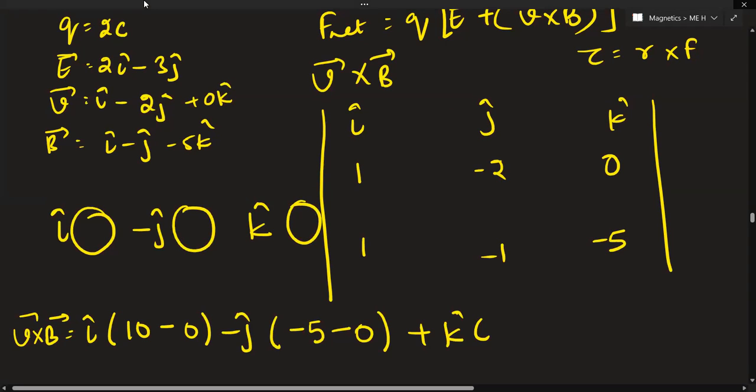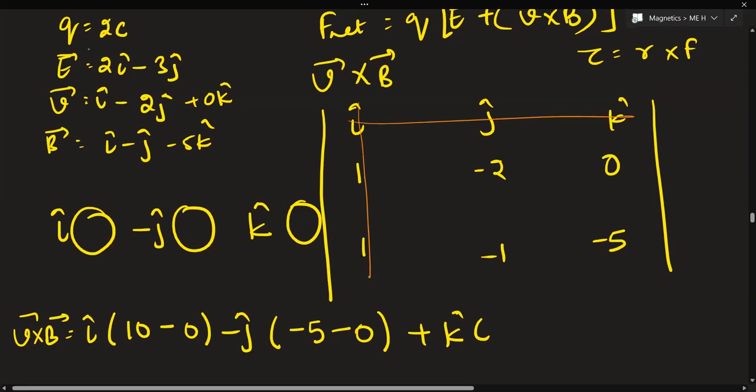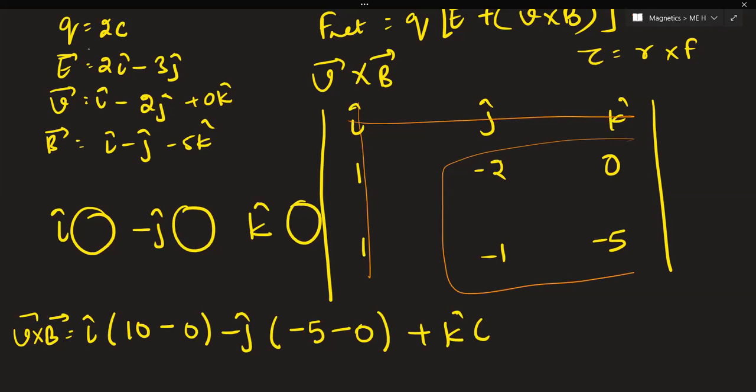Whichever unit vector you are considering, let's talk about I cap. Cut the I row, this whole row. What are we left with? We are left with these four: -2, 0, -1, -5. We do cross multiplication of the first term. That is what? -2 into -5.